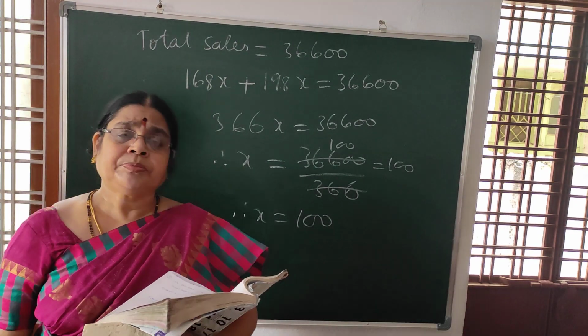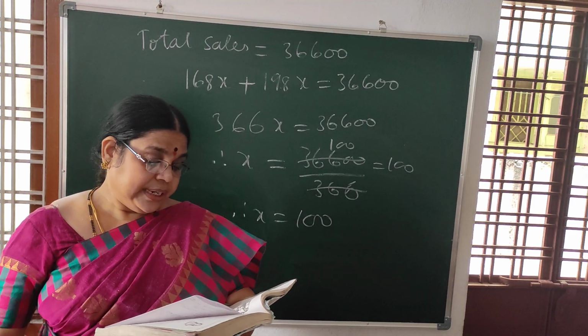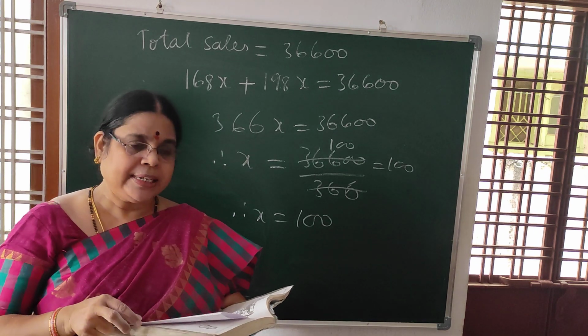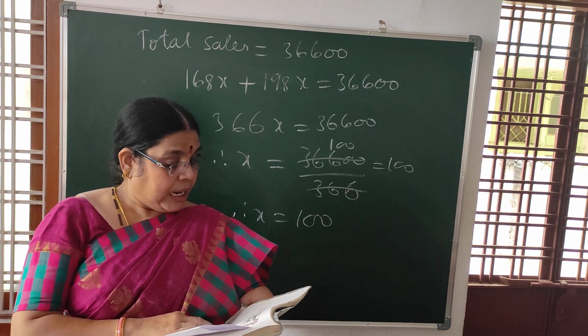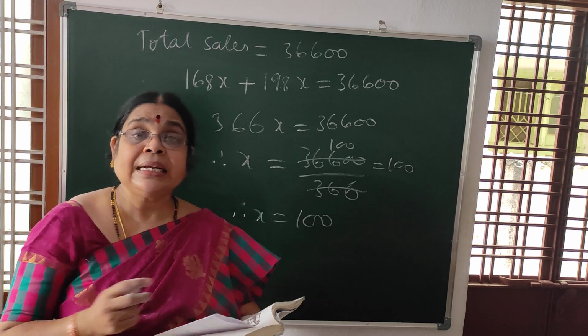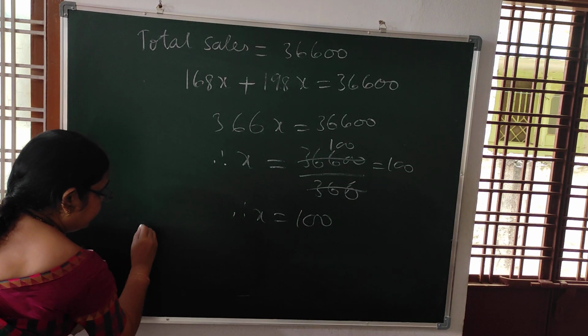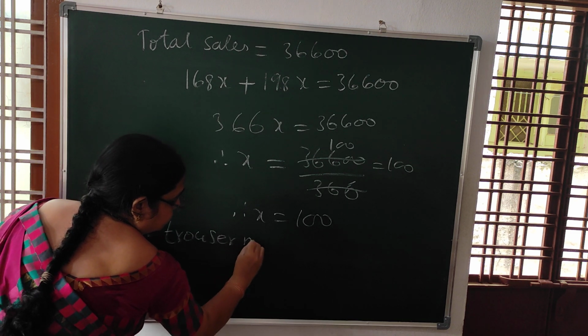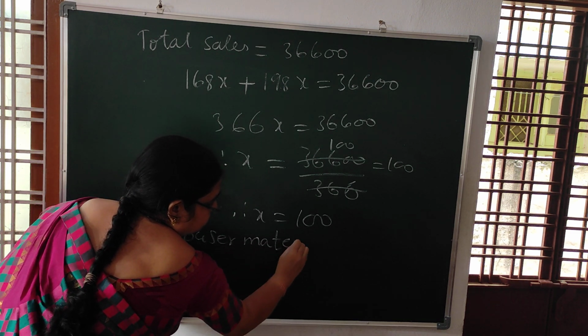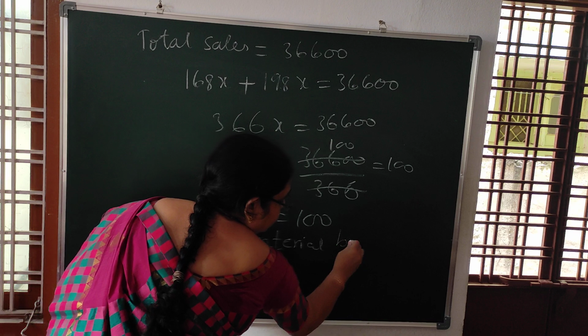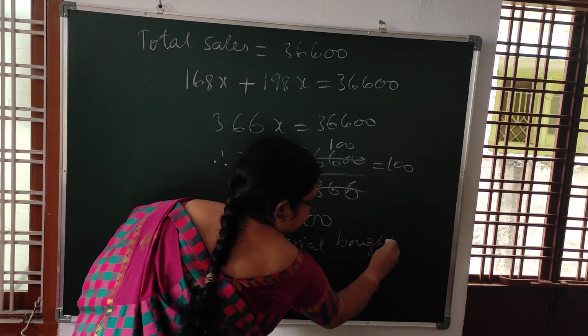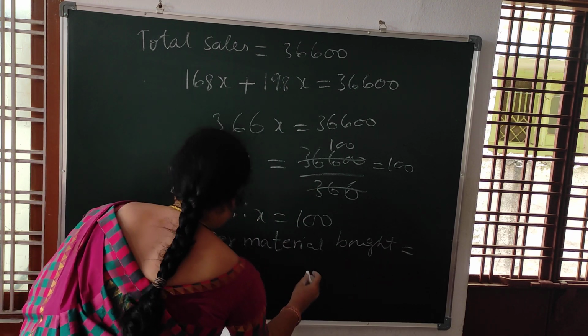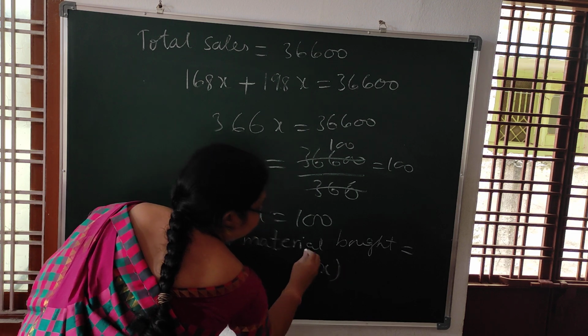What is x here? X is what we have taken, the material he bought. What is your question? How much trouser material did he buy? Therefore, the trouser material bought is 2x.